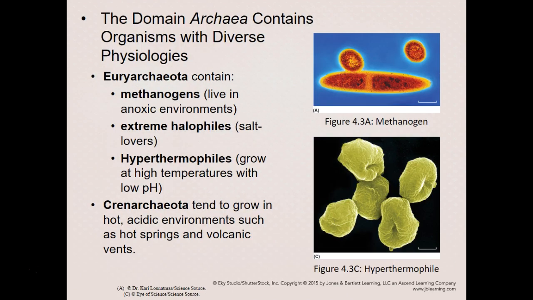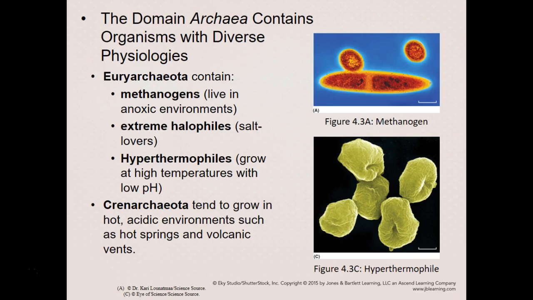Under the domain Archaea, we have 2 large groups, Euryarchaeota and then Crenarchaeota. Euryarchaeota contain our methanogens, which are organisms that cannot live in an oxygenic environment, so they live in an anoxygenic or an anaerobic environment. We have halophiles.